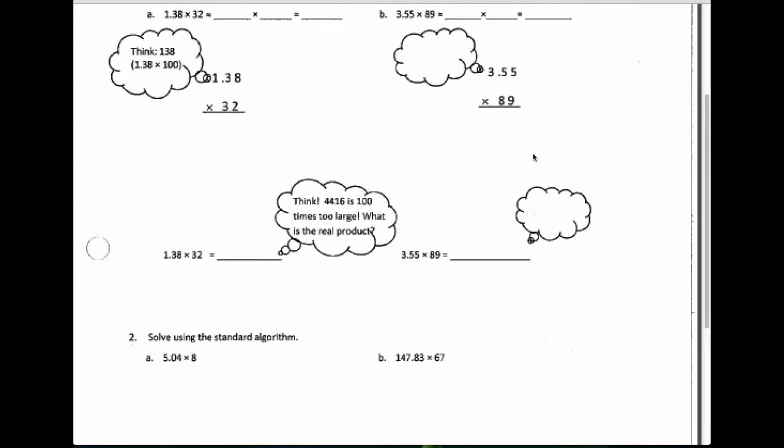So the first one's 1.4 times 3.2. If I want to estimate, what would that number become? 1 times, what would 32 become? 30.